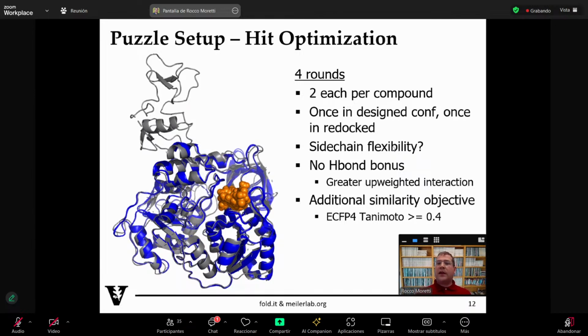These also varied a little bit in sidechain flexibility, but the main addition here was that we also added a similarity objective. Since we're only interested in derivatives of these molecules, we added an objective that calculated the Tanimoto similarity to either of the 2 compounds, and gave a bonus if you were similar enough.